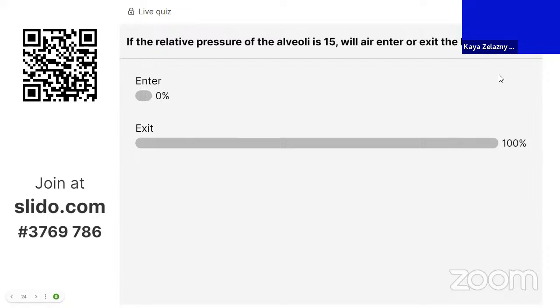All right, so now we're all on the same page, right? Relative pressure means we set atmospheric to 0. So if we have a number above 0, we are breathing out. If we have a number below 0, we're breathing in. That's why we like to use relative pressures rather than atmospheric, because that's just a little easier to get our minds around. But all we're doing when we're figuring out inspiration and expiration is comparing those two numbers.